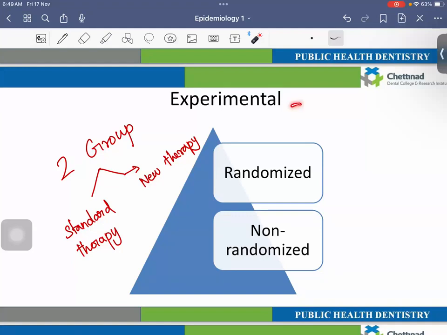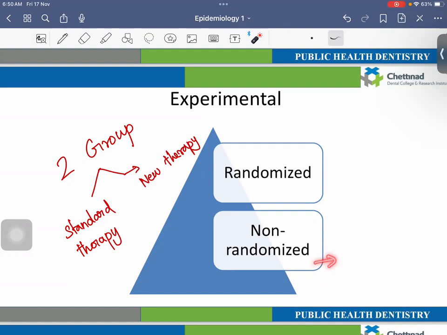Okay, the first and the most important and the most popular and the most evidence-based design is the randomized controlled design. That is, the allocation of the patients to either of the disease groups happens randomly and you do not influence it. This is called a randomized controlled or a randomized clinical trial.